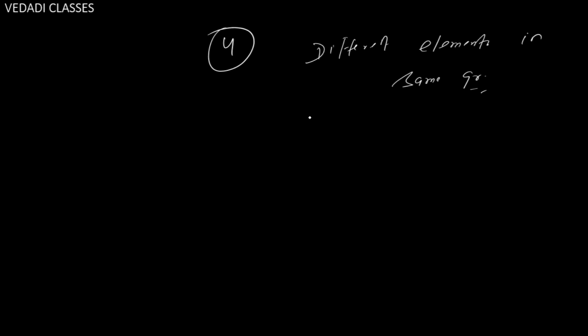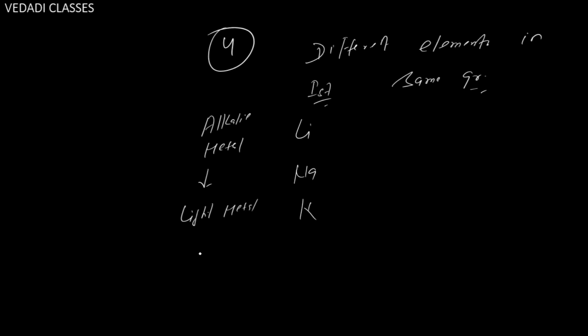Let me give you one example: lithium, sodium, potassium. This is the first group element, the alkali metal group. Alkali metals are light metals, and these are very reactive metals.